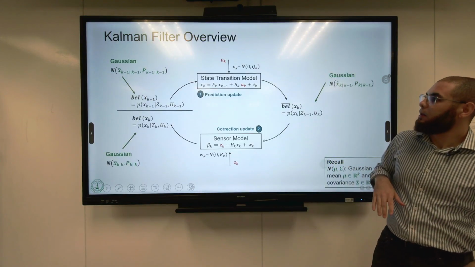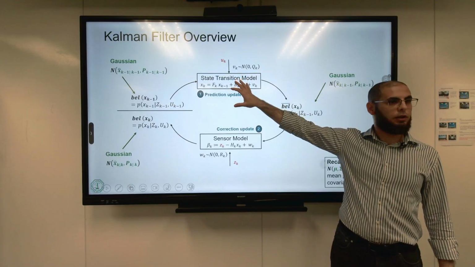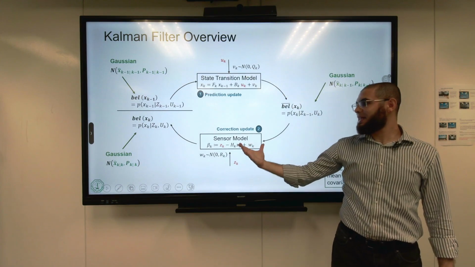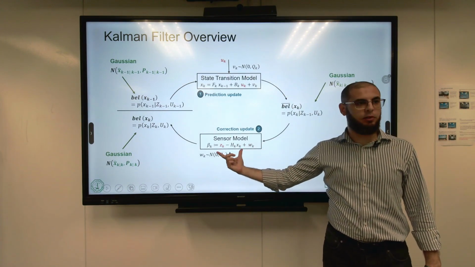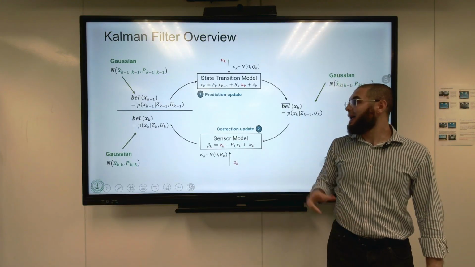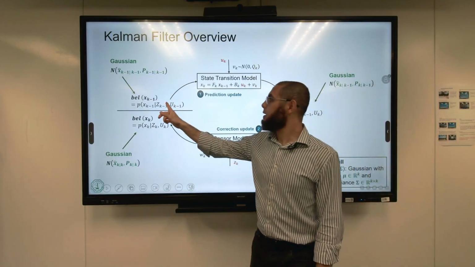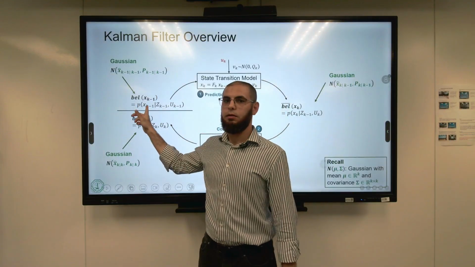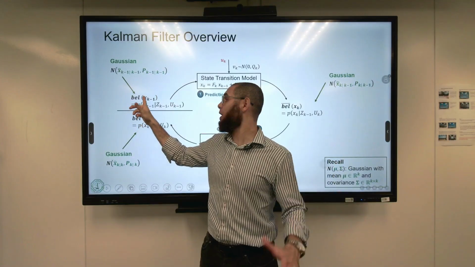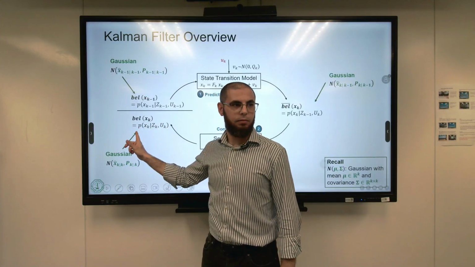It uses the state transition model to do a prediction step, and uses the sensor model, written in terms of the innovation, beta, to do the correction. These are two stages that you do to go from the Gaussian that corresponds to your robot belief, your robot state at time step k minus 1, to step k.